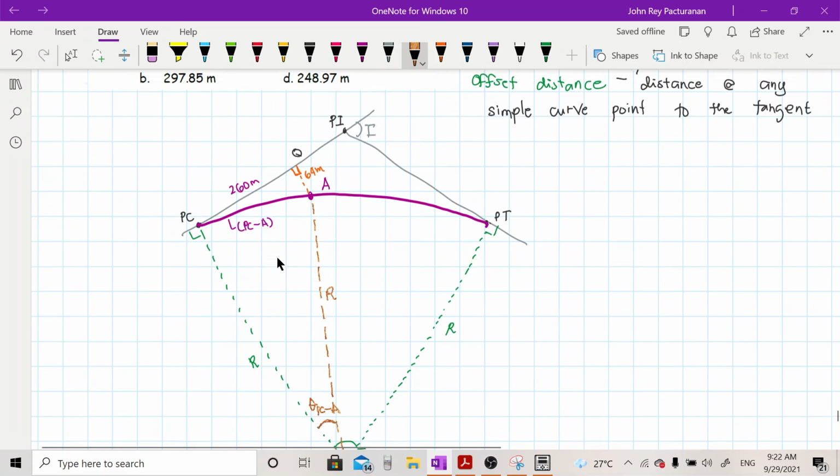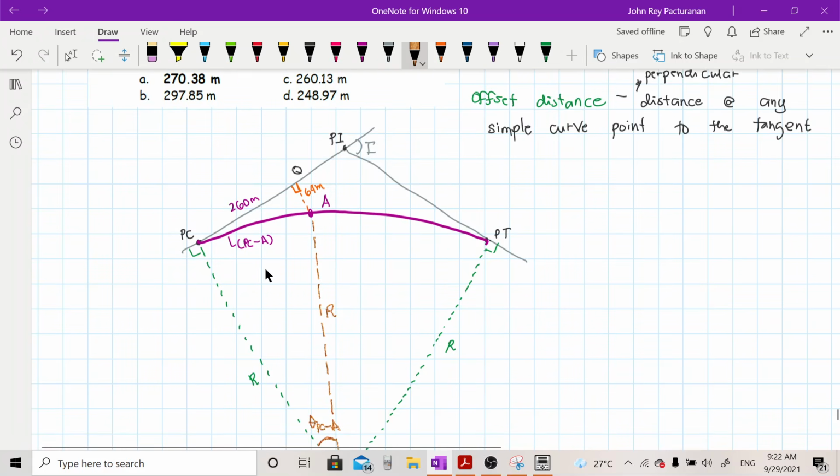So, minsan class sa surveying, mahirap siyang isolve kung hindi appropriate yung drawing mo. I'm not saying na mali itong drawing to. Kaya lang, medyo mahirap i-perform yung analysis or medyo nakakalito yung analysis kung hindi properly oriented yung figure nyo.